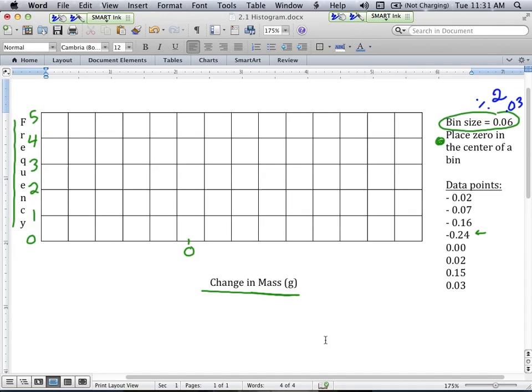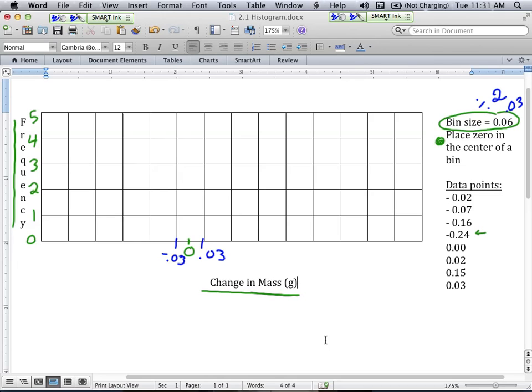So this edge of this bin is going to be positive 0.03, and this edge is going to be negative 0.03. Then, to check my work, is this bin 0.06 wide? Yes, it is, because 0.03 on this side plus 0.03 on that side makes 0.06.